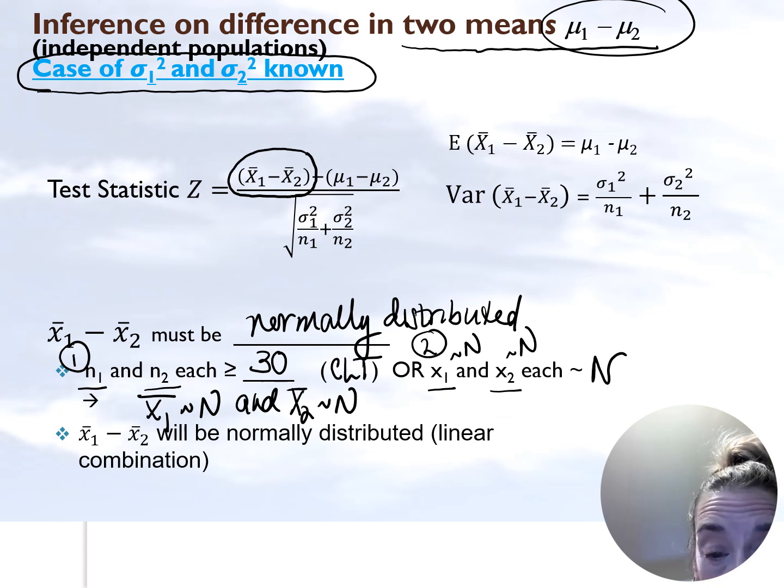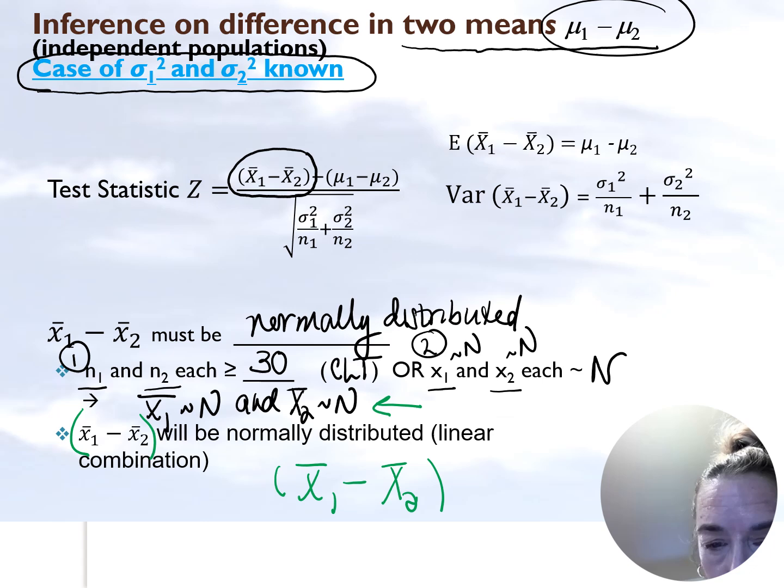Now, if we know that each of those sample averages is normally distributed, then the difference in the sample averages will be normally distributed, because a linear combination of normally distributed random variables is also normally distributed. Remember, we learned that earlier.